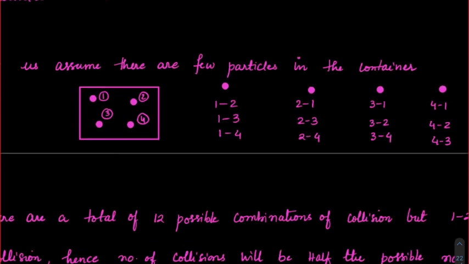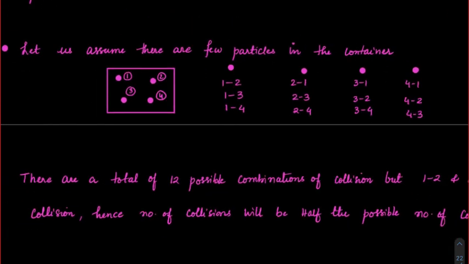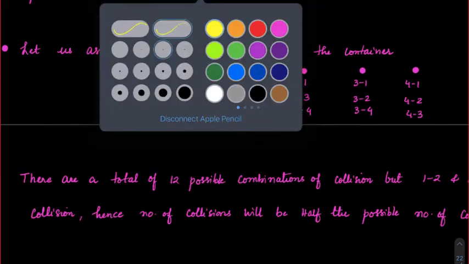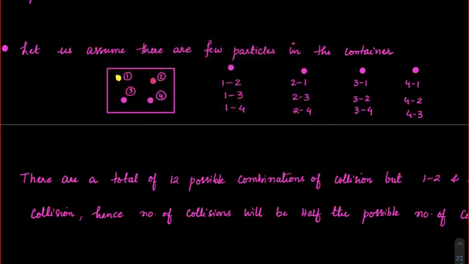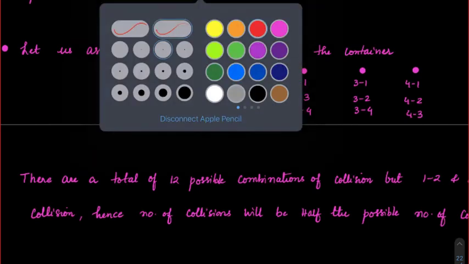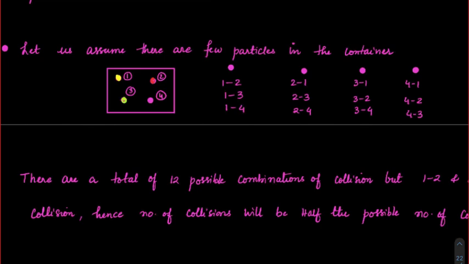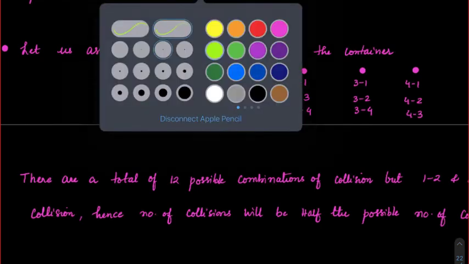Now assume there are 4 particles here: 1, 2, 3, 4. Actually, I should put them in different colors. Let me put this as one color, this one I'll put with green, and another with this color.